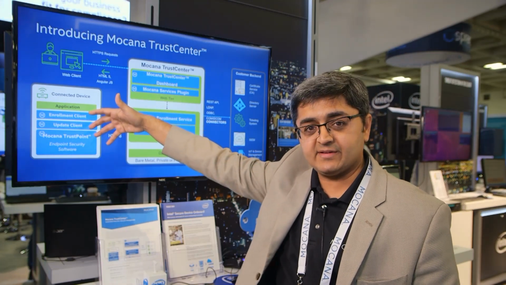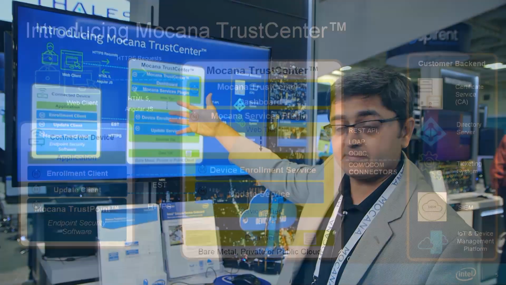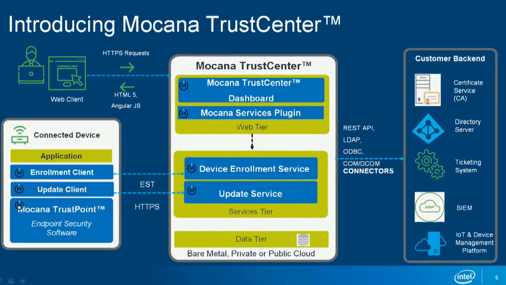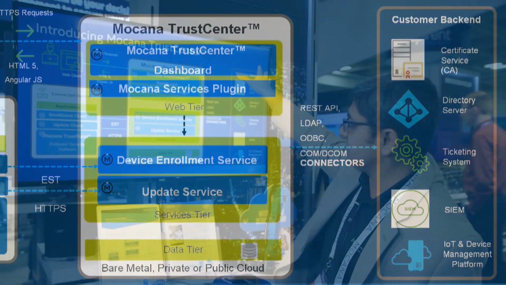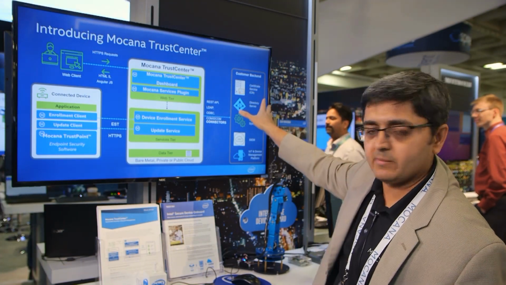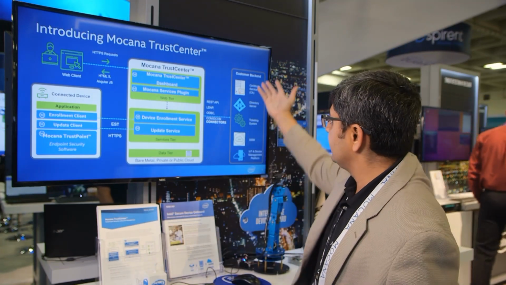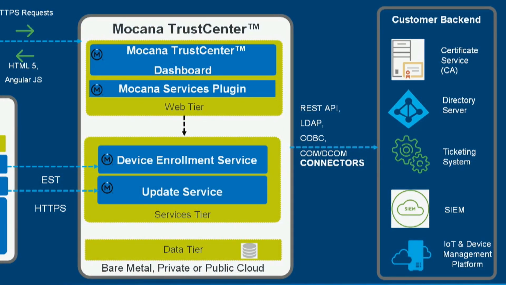Once those clients are on the device, they make a call to the server, and then the server fetches a certificate from the certificate authority. And all the components that we see over here are third-party components, and Mocana is able to provide connectors to connect with all of those different components.